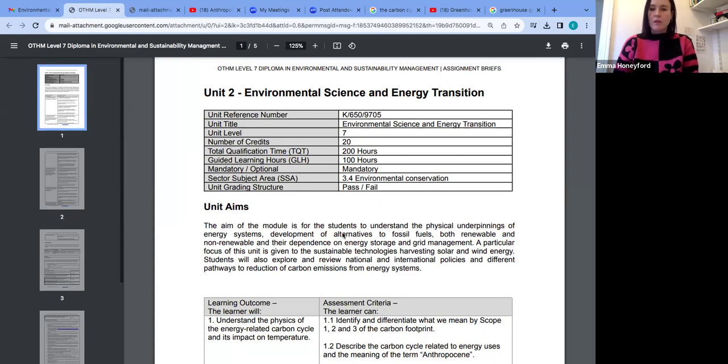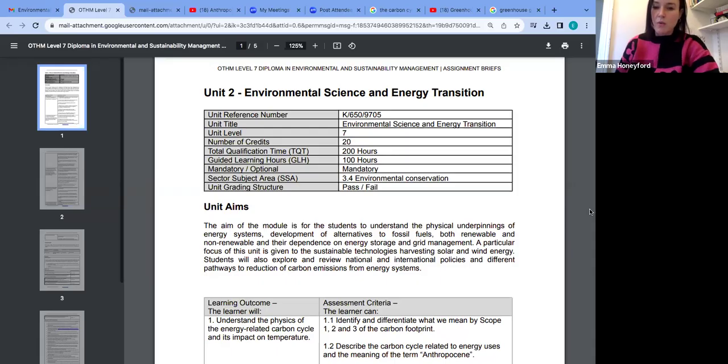The aim of this module is for students to understand the physical underpinnings of energy systems, development of alternatives to fossil fuels, both renewable and non-renewable, and their dependence on energy storage and grid management. A particular focus of this unit is given to the sustainable technologies that can harvest solar and wind energy.